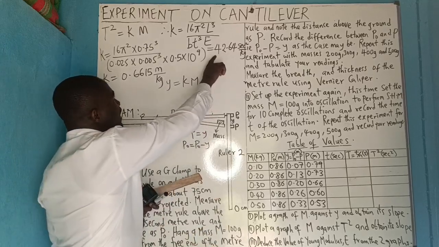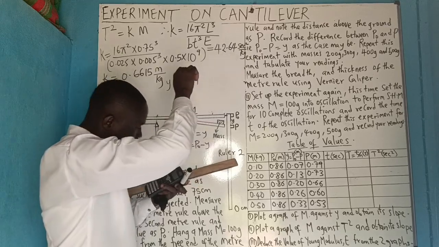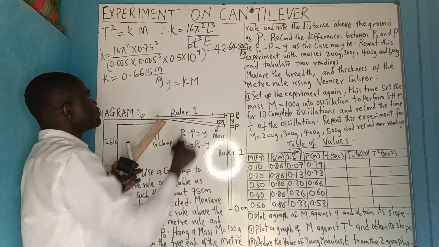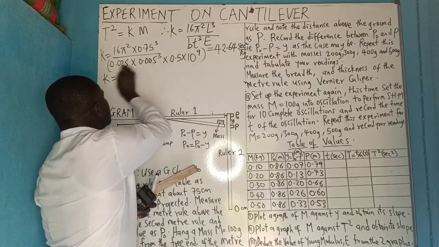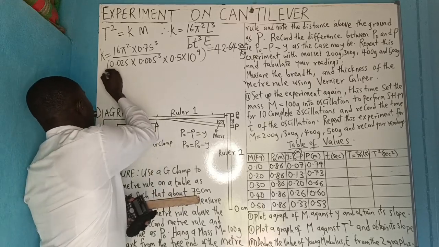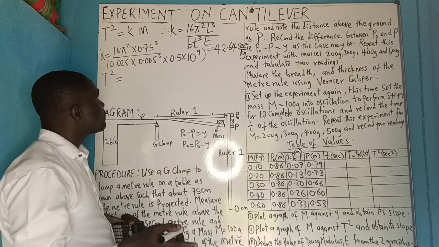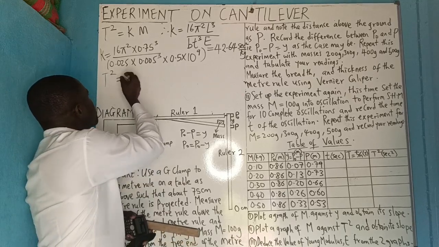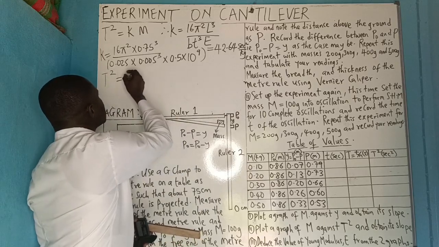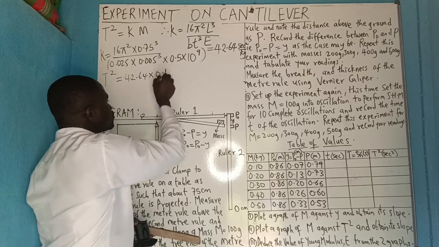But this one, K is what? 42.64 second squared over kg. So note it. So the first value of T squared will be equal to this times 0.1. 42.64 times 0.1.